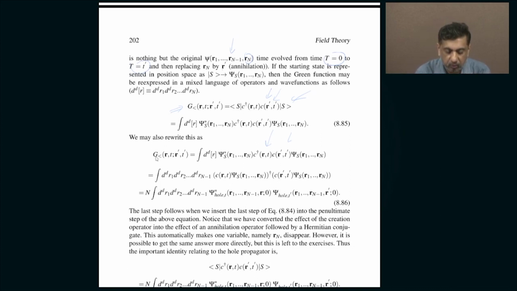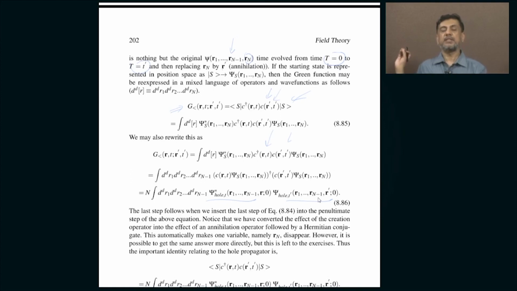So the hole Green's function is basically the quantum mechanical overlap between a hole wave function where you insert a hole at position r dash at time t dash, and when you insert the hole instead at position r at time t.